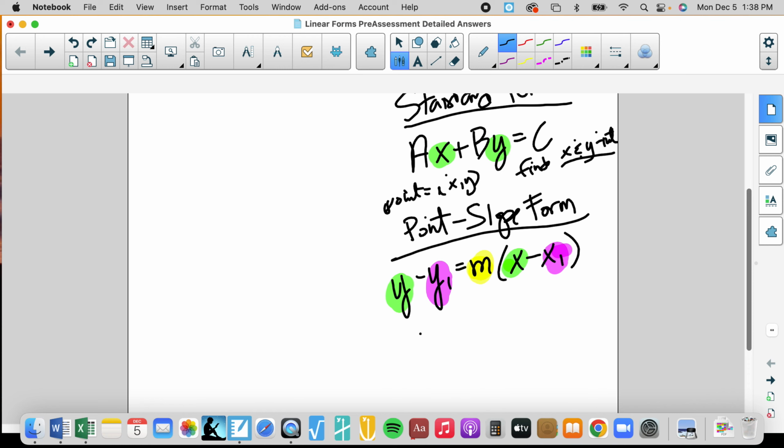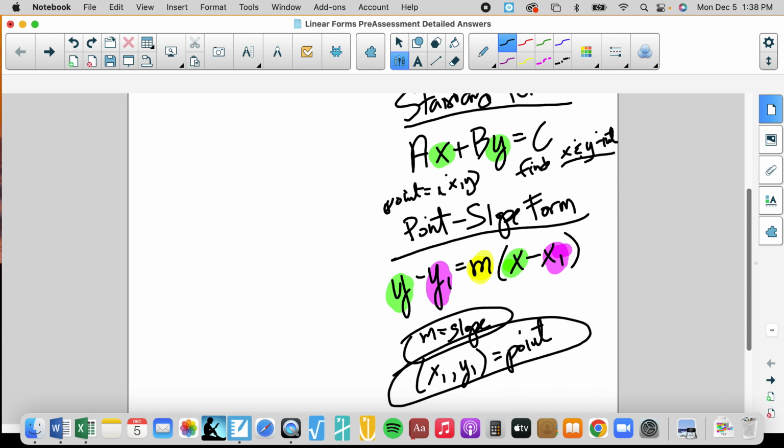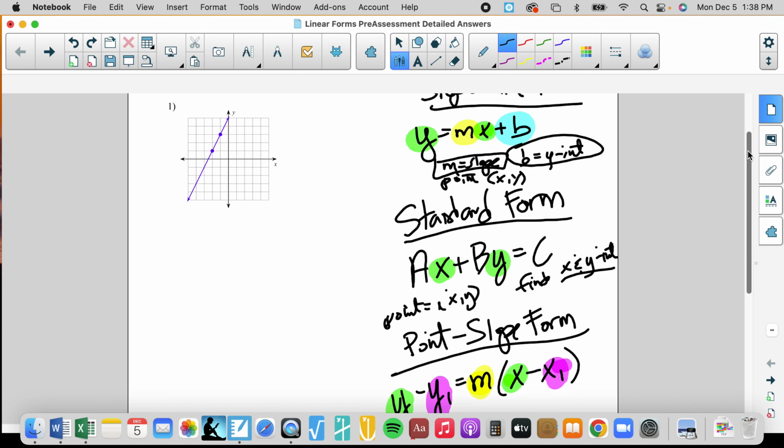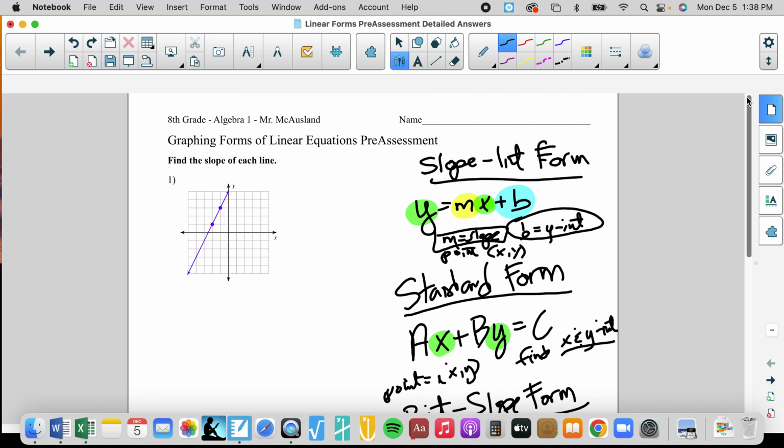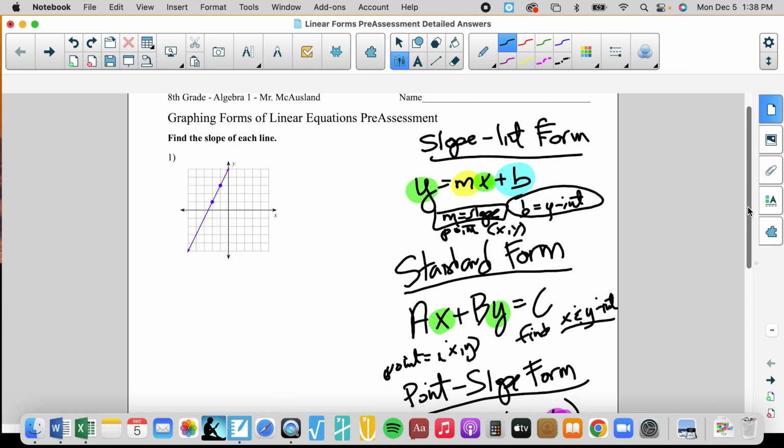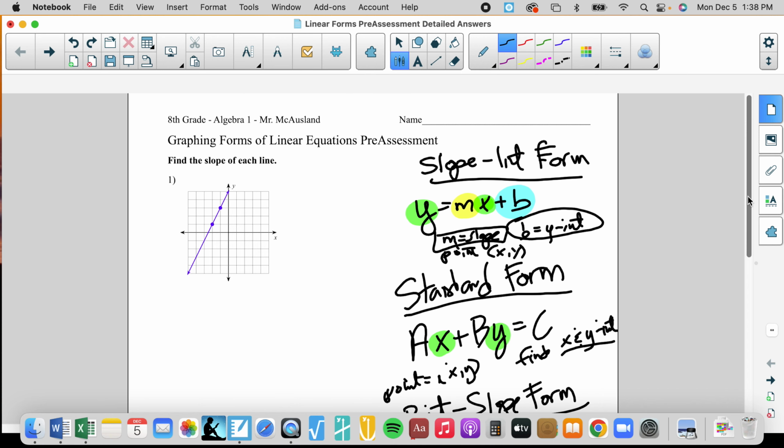In point-slope, m equals the slope, and x sub 1, y sub 1 is the point that will be given. So you're going to plot the point and then utilize the slope. So that's the brief review of those three forms that I gave you.